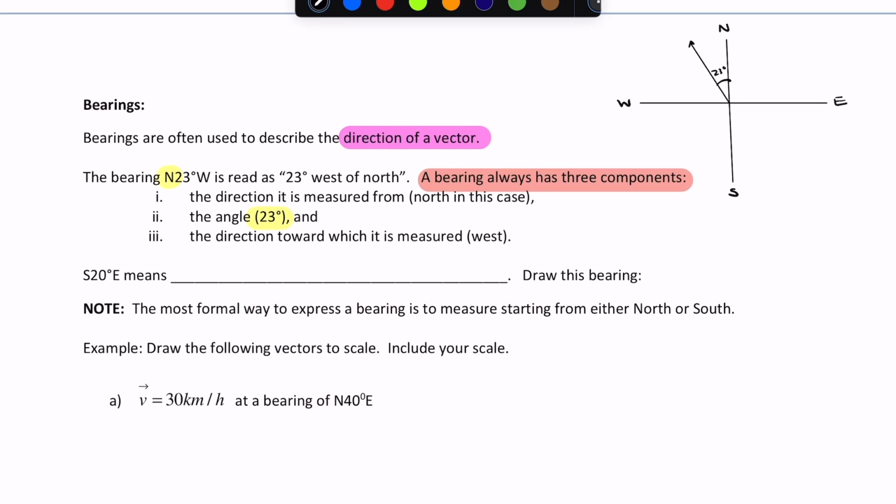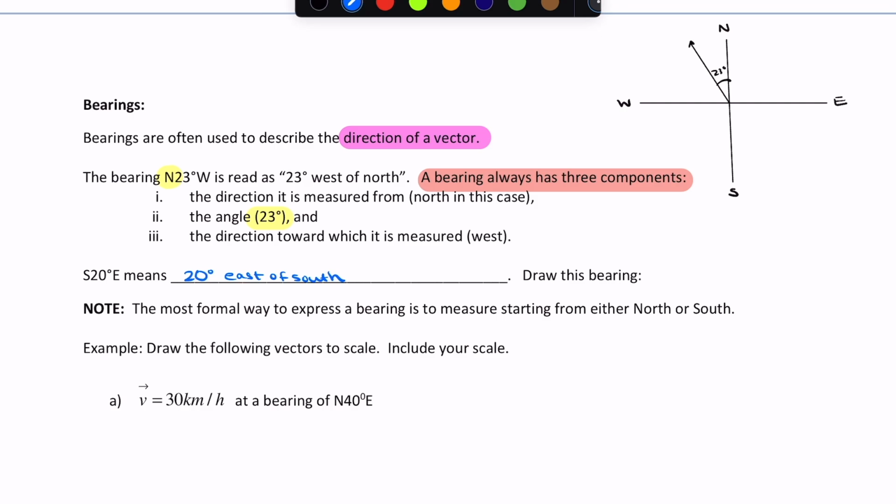Now if we look at S 20 degrees E, that again means 20 degrees east of south.